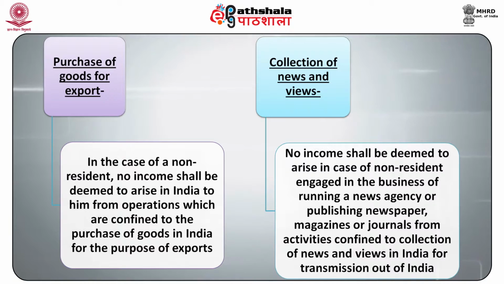No income shall be deemed to arise in case of a non-resident engaged in the business of running a news agency or publishing newspapers, magazines or journals from activities confined to collection of news and views in India for transmission out of India. D. Shooting of cinematography films in India. No income shall be deemed to arise in India from the operations which are confined to the shooting of any cinematography film in India, if such non-resident is either an individual who is not a citizen of India.